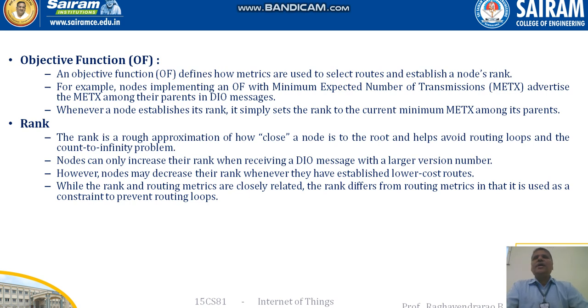Whenever a node establishes its rank, it simply sets the rank to the current minimum expected number of transmissions among its parents. What is rank then? The rank is a rough approximation of how close a node is to the root and helps avoid routing loops and count-to-infinity problems.